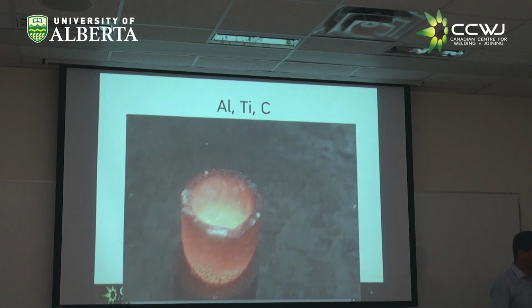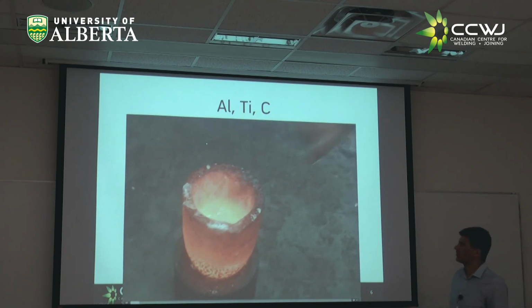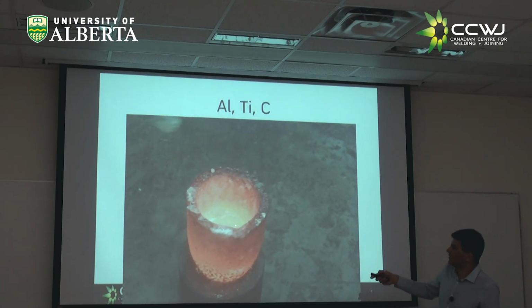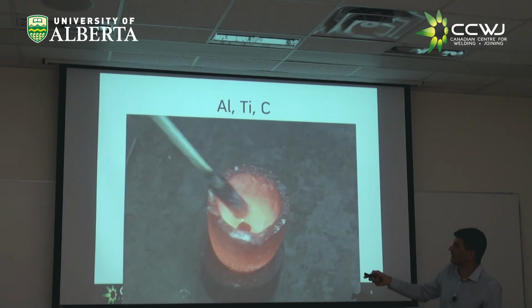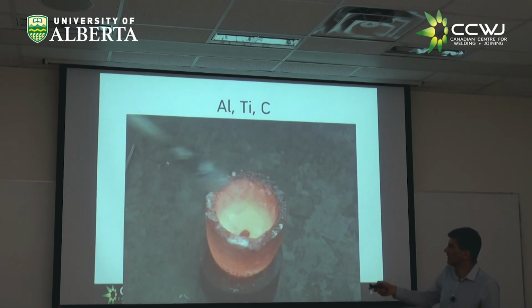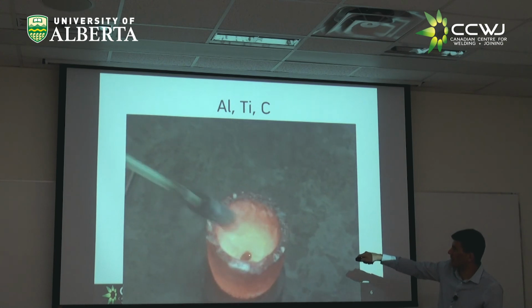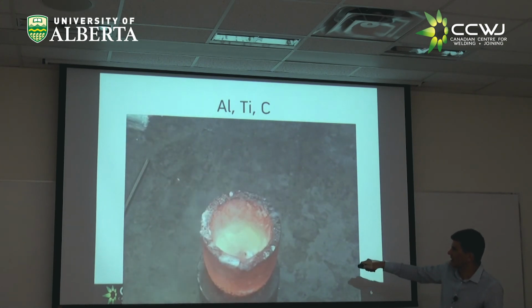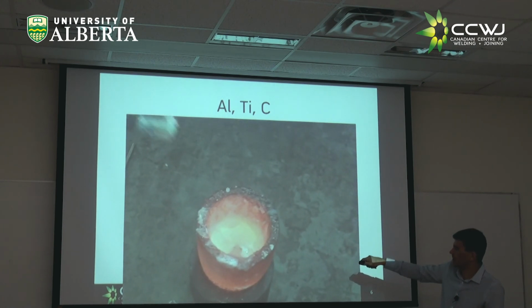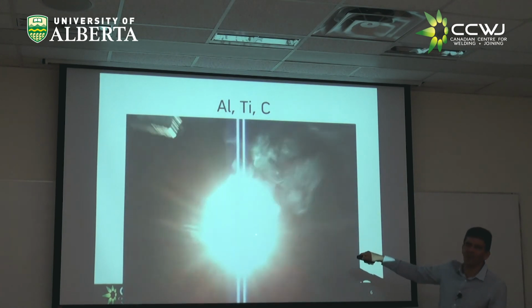So let me show you how this works. So it's red hot. There is this molten aluminum inside, and they have this tempering thing there, and they put the pellet. This black thing is the pellet of titanium and graphite, and it's going to catch on fire very soon. When, oof, there you go.